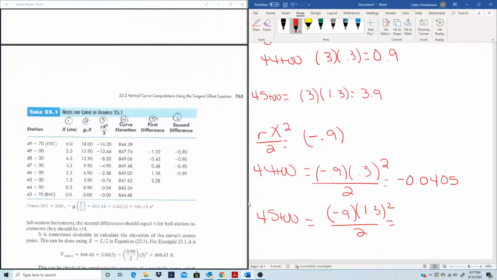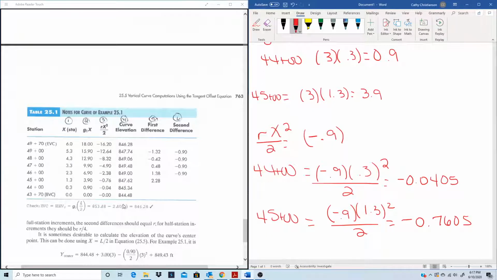And that gave me a negative 0.765. Alright, as you see, you'll just add those in as you go along. So again, there's nothing on the first line, and we'll use the Rx squared divided by 2, and we'll get these answers and put them in the chart.